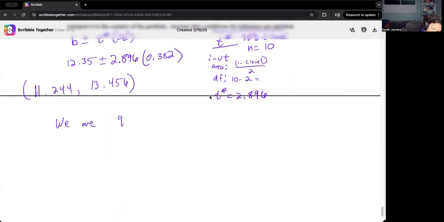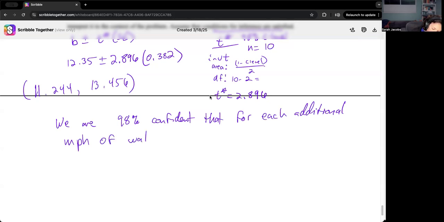We are 98% confident that for each additional mile per hour of walking speed, the interval 11.244 to 13.456 BPM.